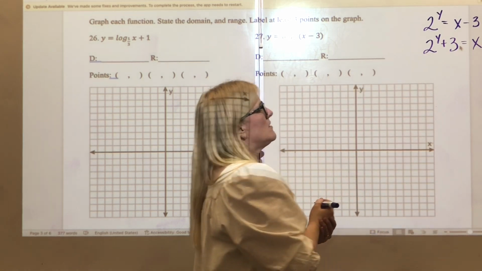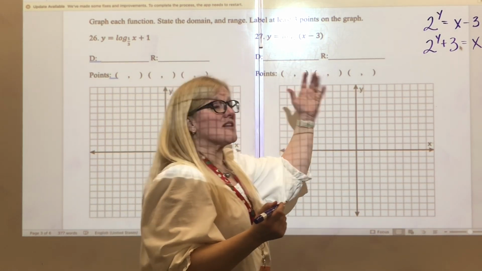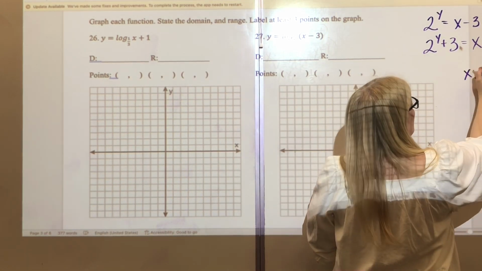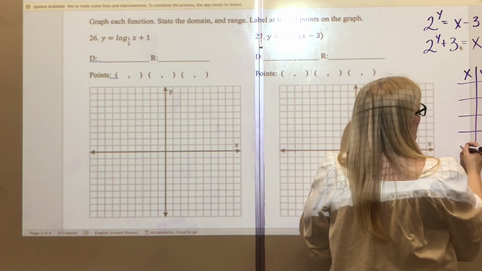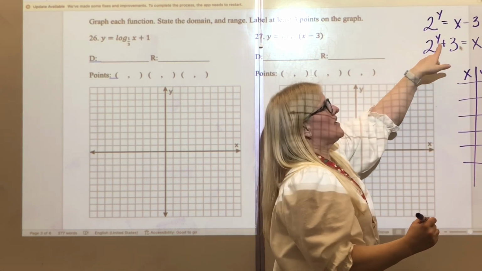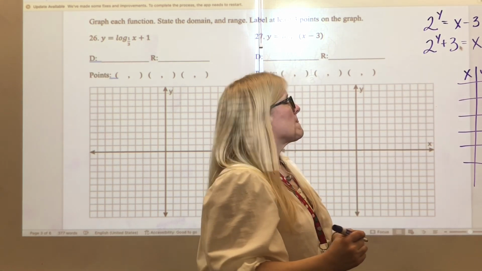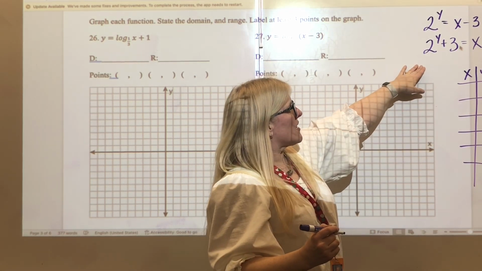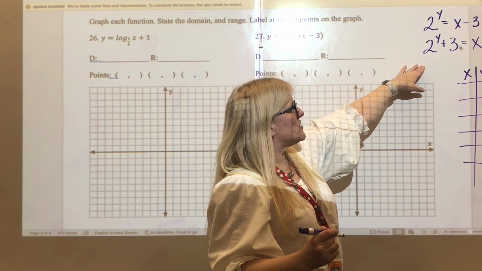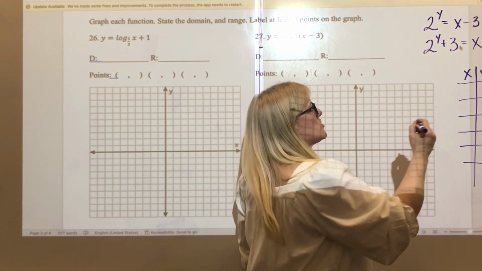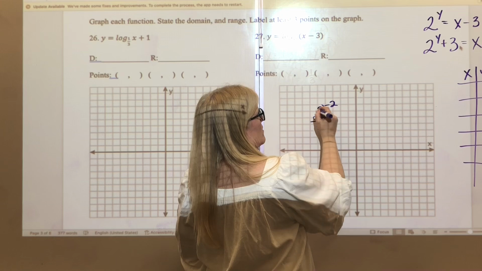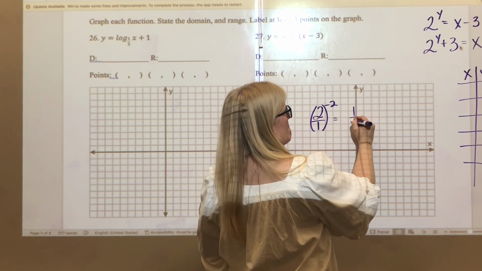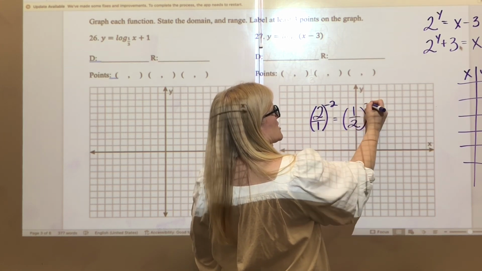Okay, so this is what I have. So again, like this last one, I am going to plug in values of y, and then I'll get my x. So I'm going to start, I think, with negative 2, because 2 to the negative 2 power, I take the reciprocal and change the exponent to a positive.